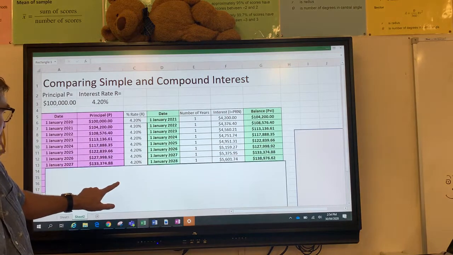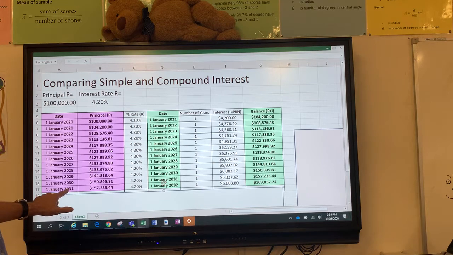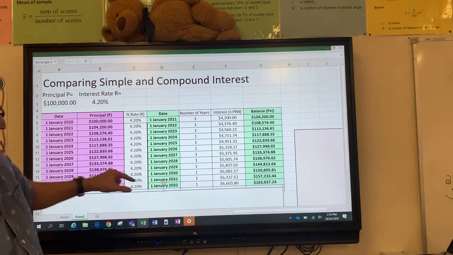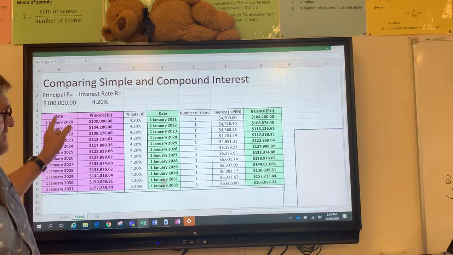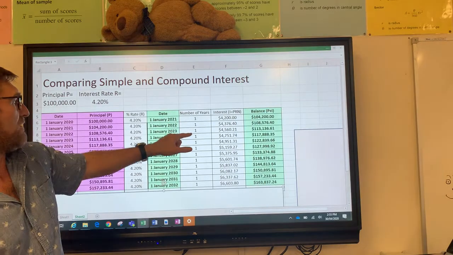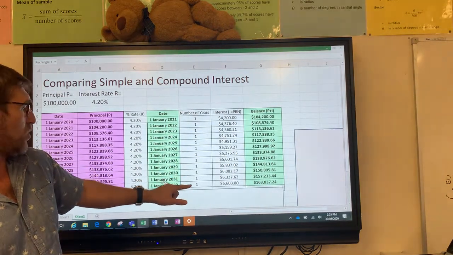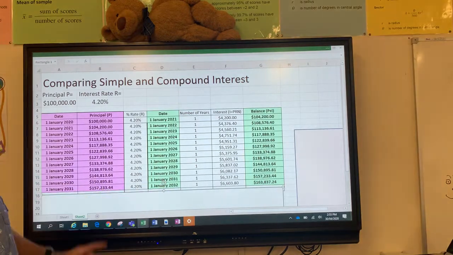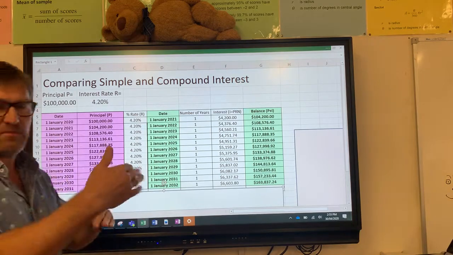Now if I continue to do that all the way down to the 1st of January 2031, so 1 year later, 2032, it was a long time away from now. Now how many years is that? 1, 2, 3, 4, 5, 6, 7, 8, 9, 10, 11, 12 years later it's taken. It's 12 years to get me down to this point here, adding up slightly as I go.